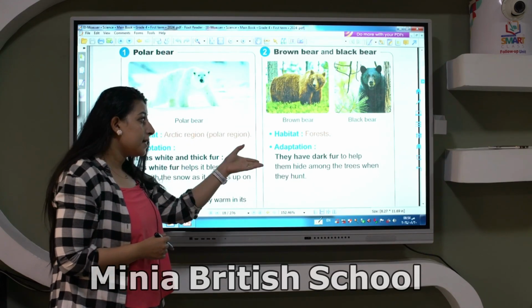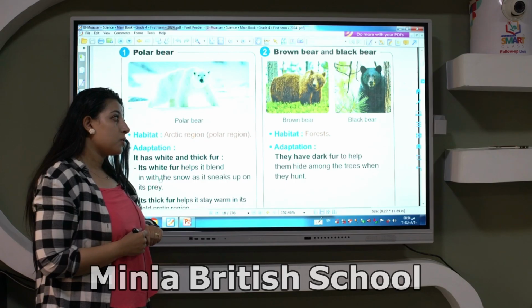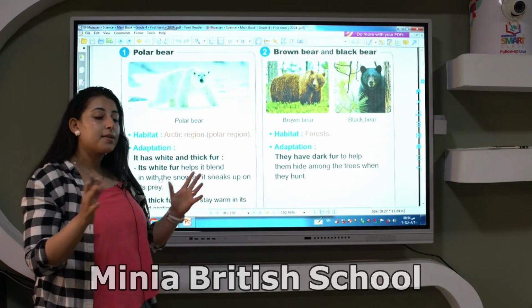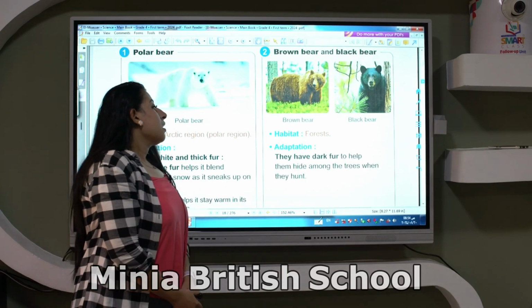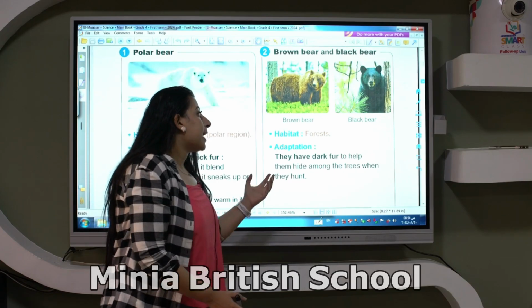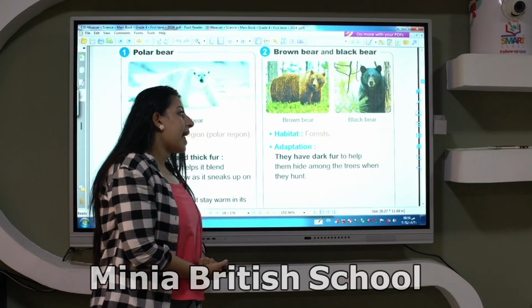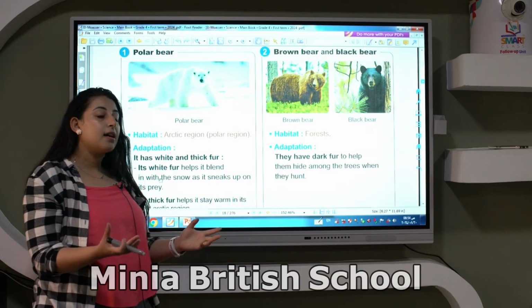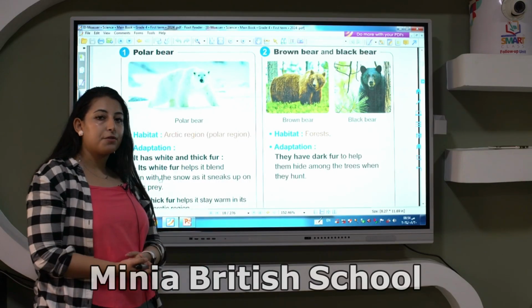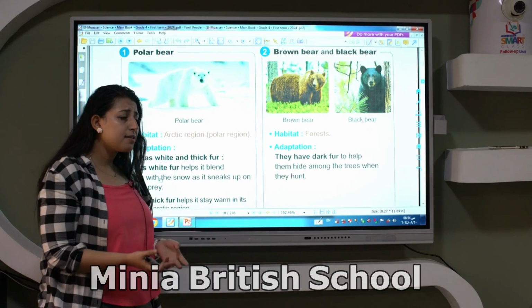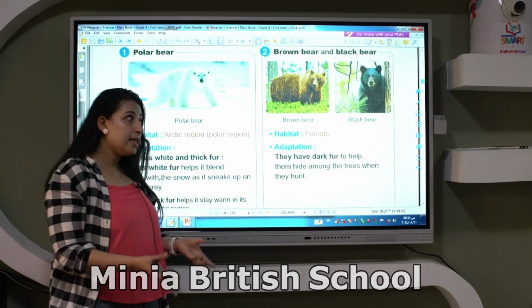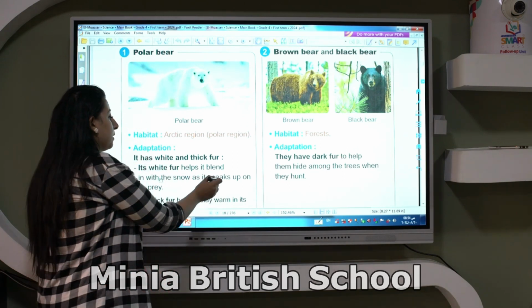It will be clear in this environment, so the prey will go away and escape from it. So what is the adaptation of the black bear and brown bear? They have dark fur to stay hidden among the trunks of trees to hunt their prey easily. Okay.